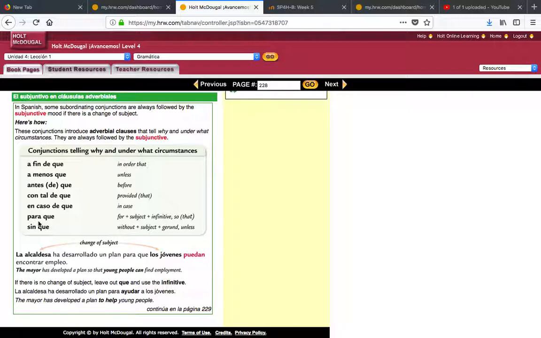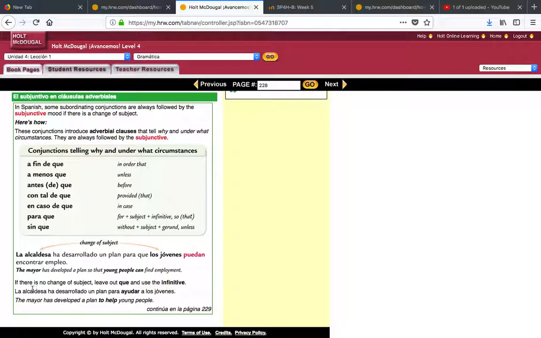I'm going to give you an example. La alcaldesa ha desarrollado un plan para ayudar a los jóvenes. So that que is out. Para ayudar, you don't conjugate. But if you decided to use para que, then that ayudar has to be subjunctive.